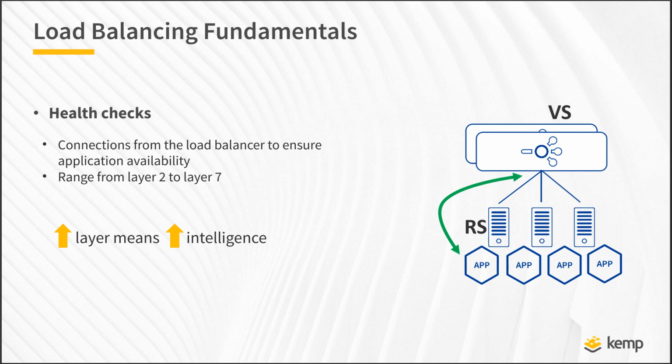It is a connection being made from the load balancer to the servers in the application to ensure application availability. And they range from layer 2 to layer 7. They increase the layer as you go up that OSI model from layer 2 to layer 7. The intelligence and the insight that the load balancer gets is going to be increased in terms of what it understands and knows.